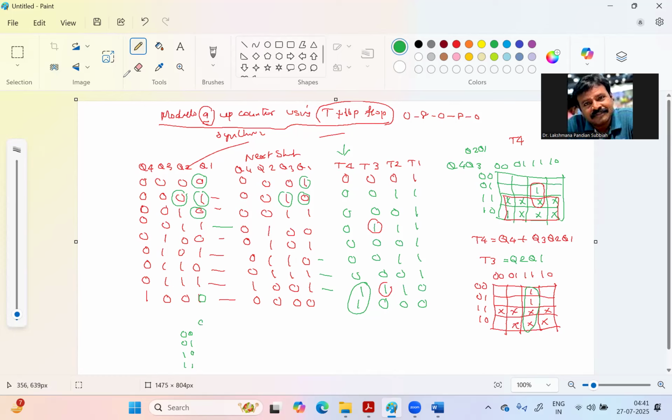00011011, 00011110. Right, here we are having that alternative ones up to 7, right, all numbers.